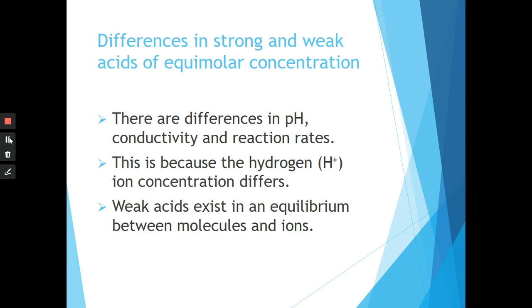But with my ethanoic acid, the bubbles will keep appearing for a long time as more and more carbon dioxide gas is being produced from the reaction, and it will therefore take longer for the reaction to finish. It's just pointing out below this that the reason the rate differs is because of the hydrogen ion concentration, as I've said, and also with the weak acid, the fact that there's an equilibrium between the molecules and the ions.